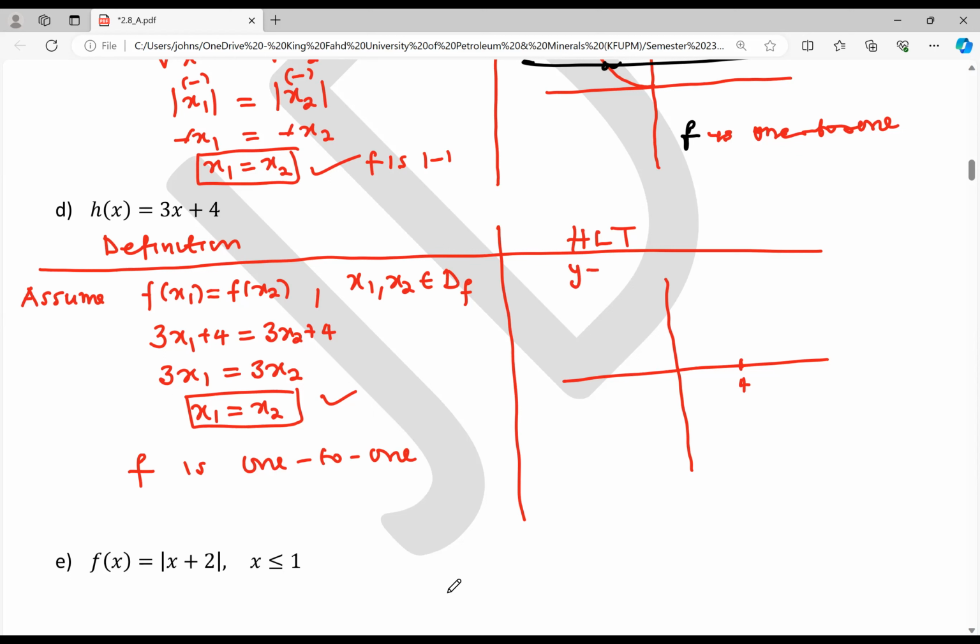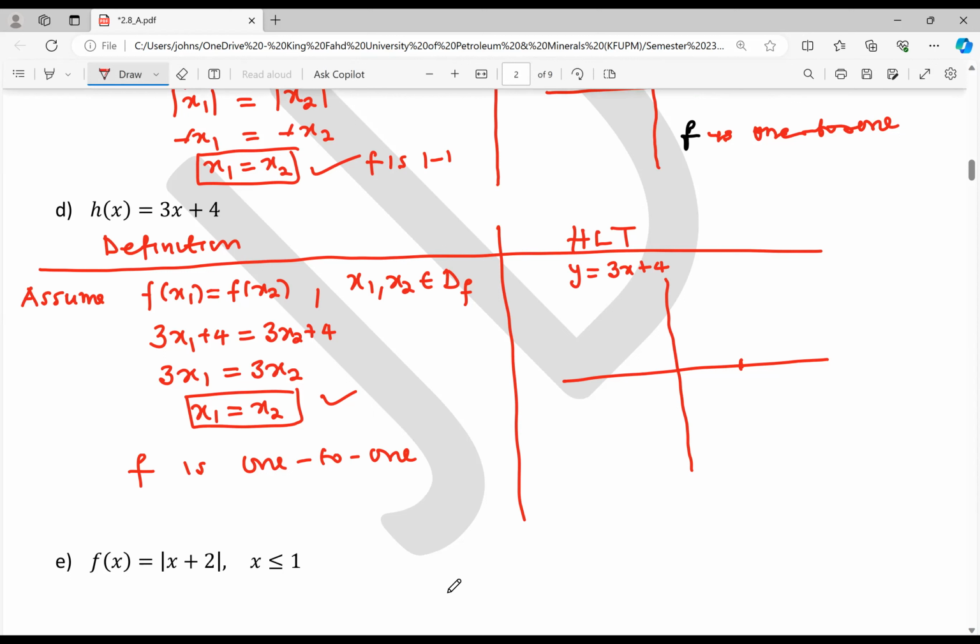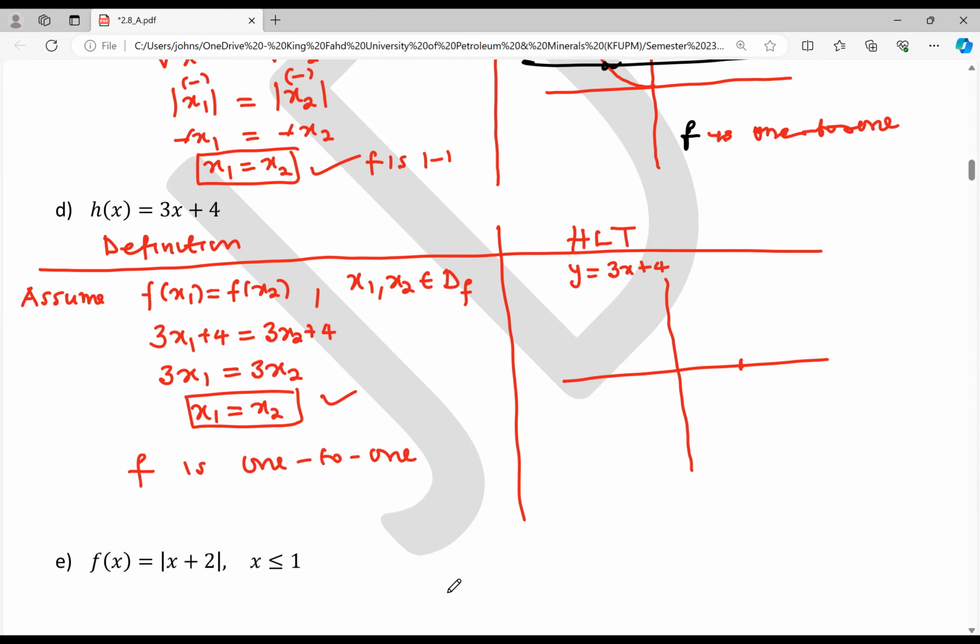Remember, our y equals 3x plus 4. So if x equals 0, what do we have? Our y-intercept is going to be at 4. So it's going to be positive, and you can see that this is a positive slope. So you just have a line.